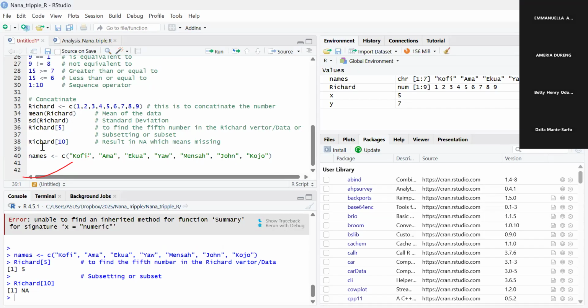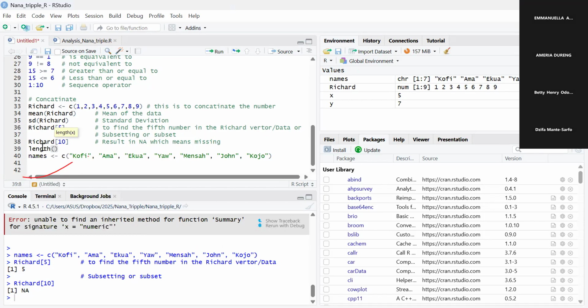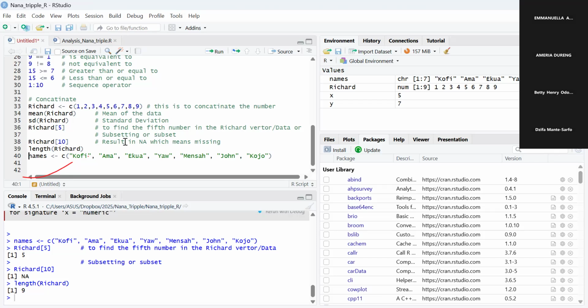We can also decide to find the length of a data set. So we can say length Richard. Let's see. And R gives us the length of the data.